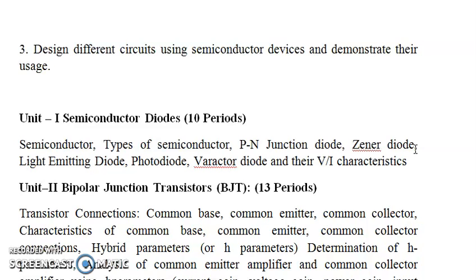In the same way, light emitting diode, in short we say LED, photodiode, varactor diode, and their voltage versus current characteristics. These concepts we shall discuss in detail in this first unit, semiconductor diode.